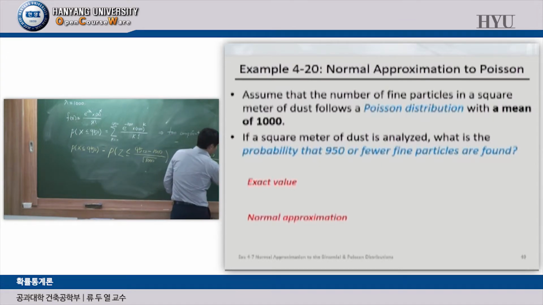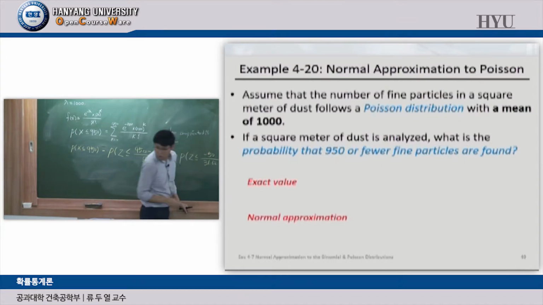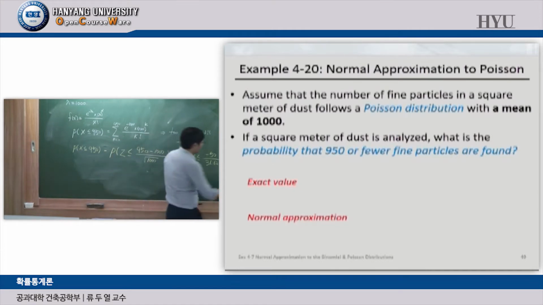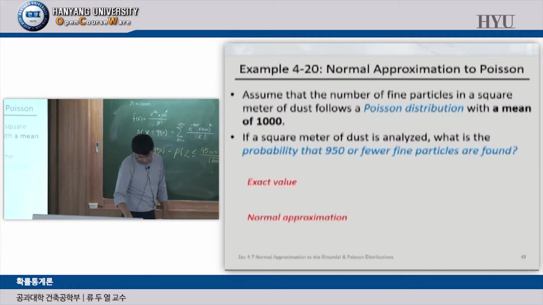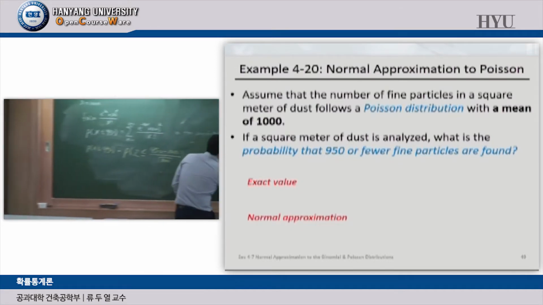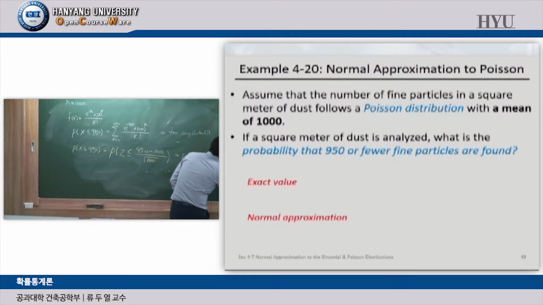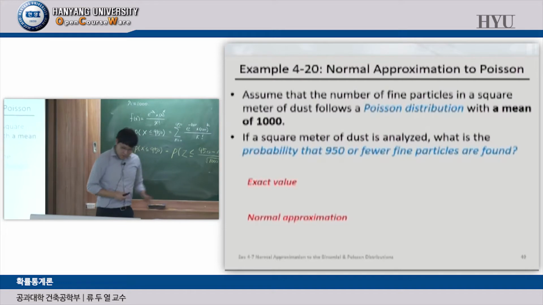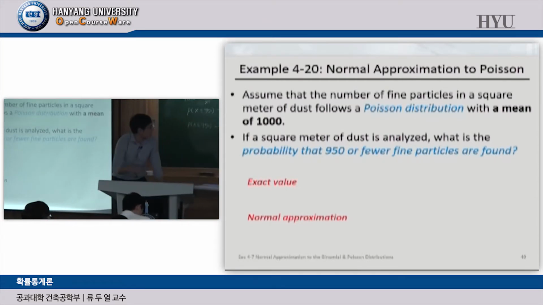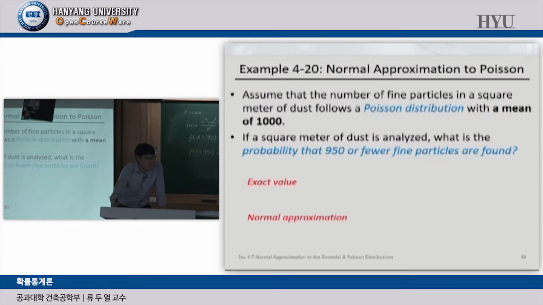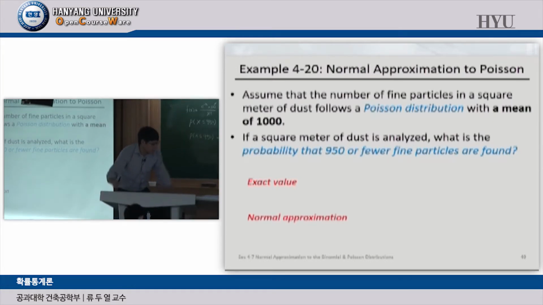So this is the probability of Z when Z is smaller than or equal to minus 1.58, okay? By using the appendix table, the answer will be 0.057. So by using the normal approximation, we can simply calculate this very complicated Poisson distribution problem, okay?